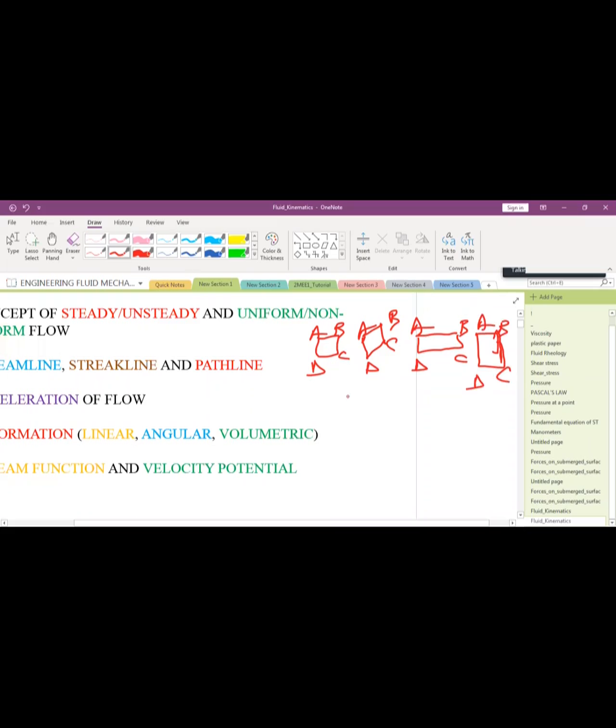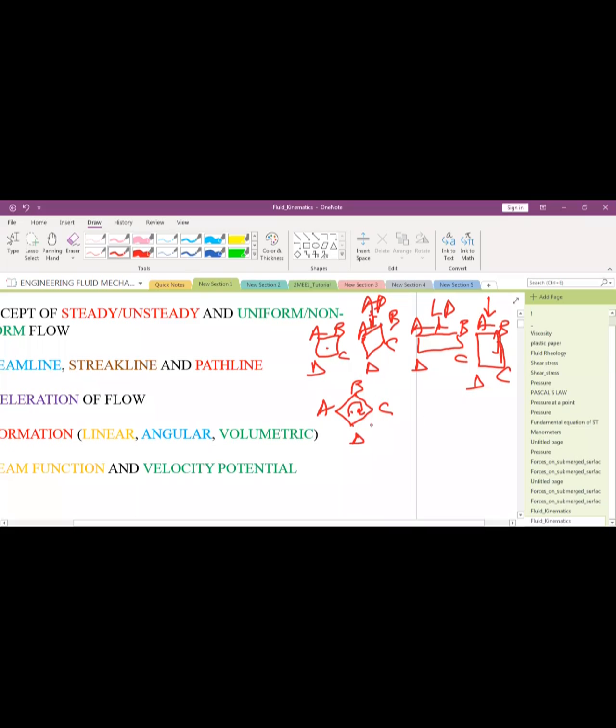What else can happen to the fluid element? It may have rotated with some angle. So this is the angular deformation. This is linear deformation in the x direction. This is linear deformation in the y direction. And this is rotation. So this is what can happen to an individual fluid element.